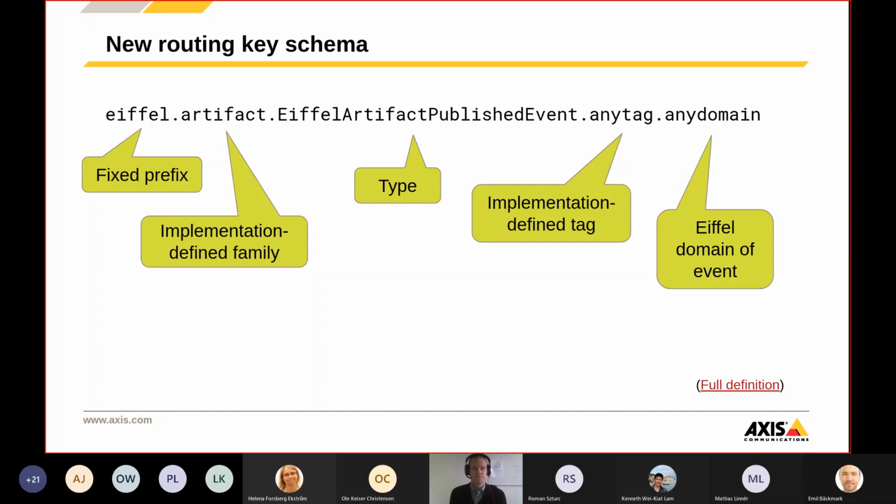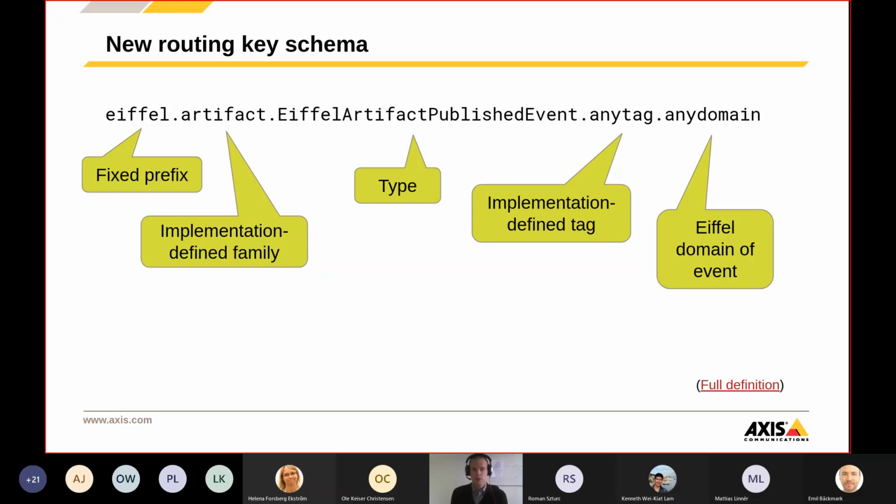So I'm not sure what kind of problem it actually solves. However, we do leave a token for the family if implementations would want to use it. But of course, if you don't, you can just leave that blank. Well, you can't. It can't be blank entirely, but it could be any string.